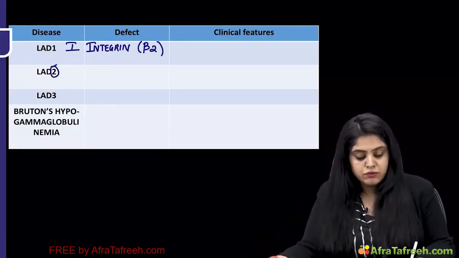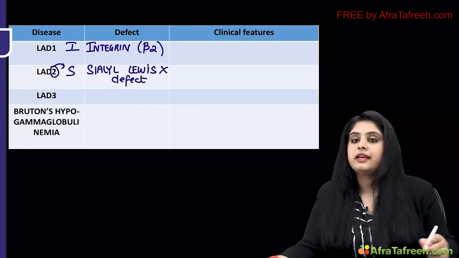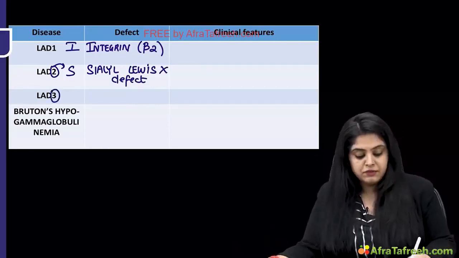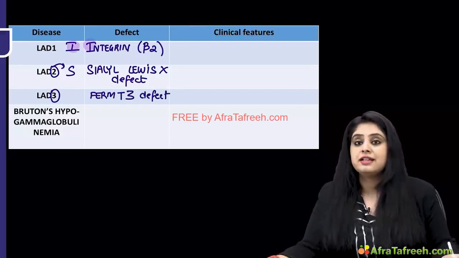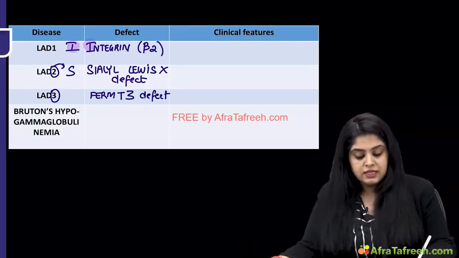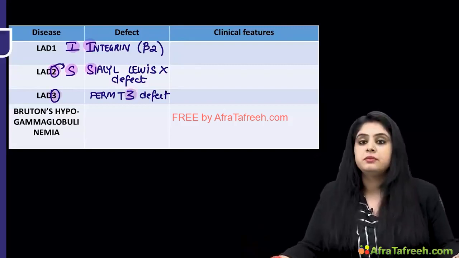In LAD 2, 2 for 2, flip the 2 and you get an S, so this is a Sialyl-Lewis X defect. And 3 for 3, this is a FERMT3 gene defect. How simple, guys. 1 for 1, that is beta 2 integrin. 2 becomes S, that is Sialyl-Lewis X, and 3 for 3, that is FERMT3 defect.